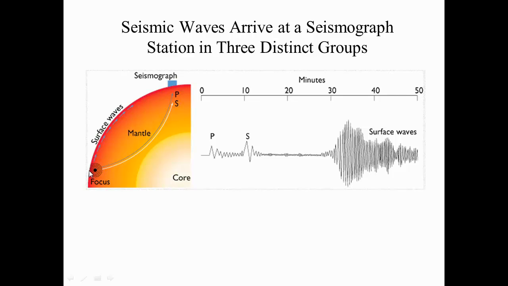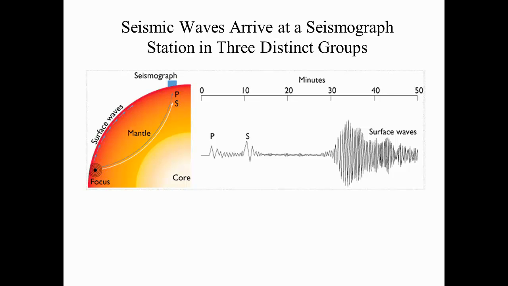First of all, we have the surface waves that travel right along the surface. And notice that we have additional groups that travel within the mantle itself. These are called body waves and include P waves and S waves.